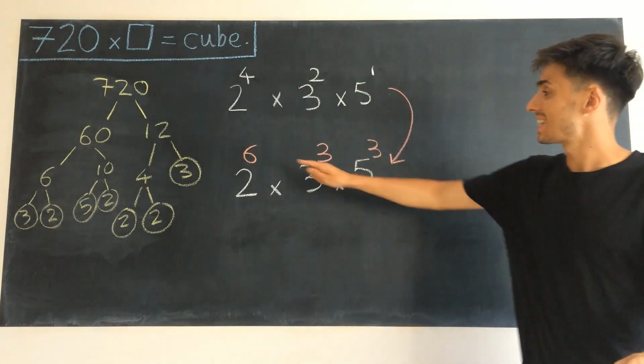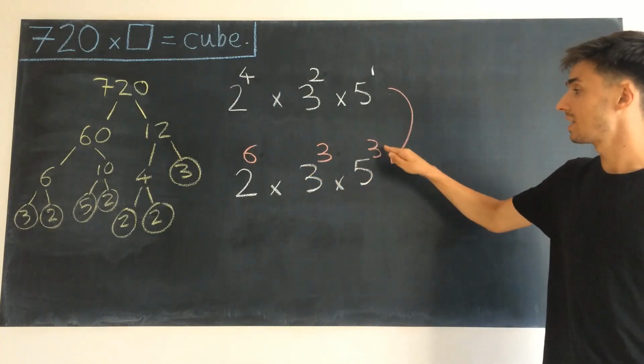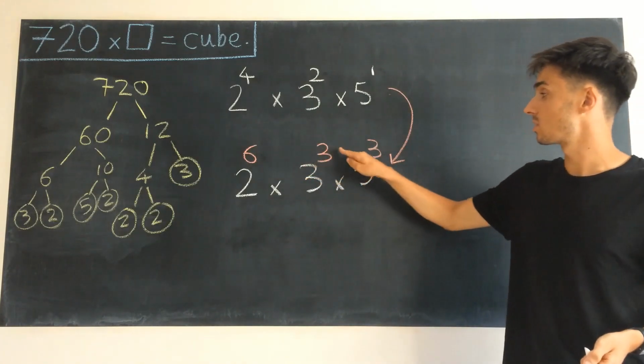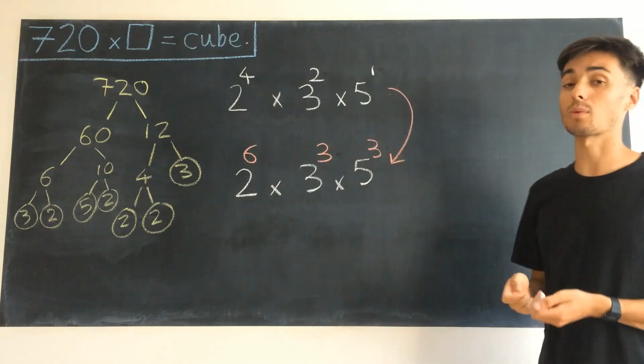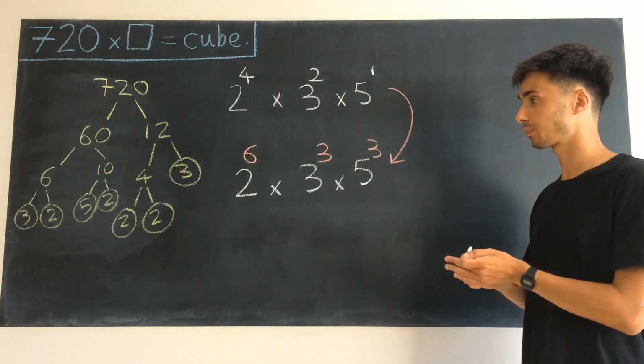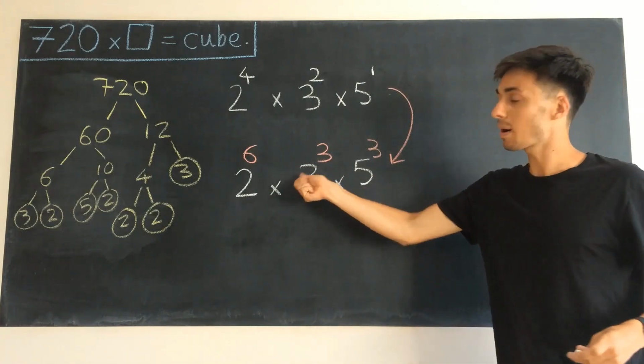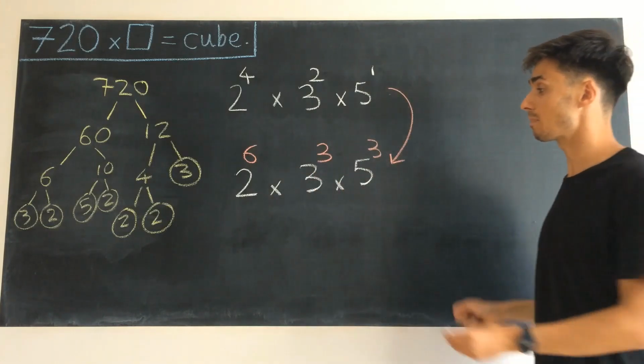What this means is that this number here is now a cube number: 2 to the power of 6 times 3 to the power of 3 times 5 to the power of 3. And before we think about our missing number here, let's think about what this actually is as a cube number.